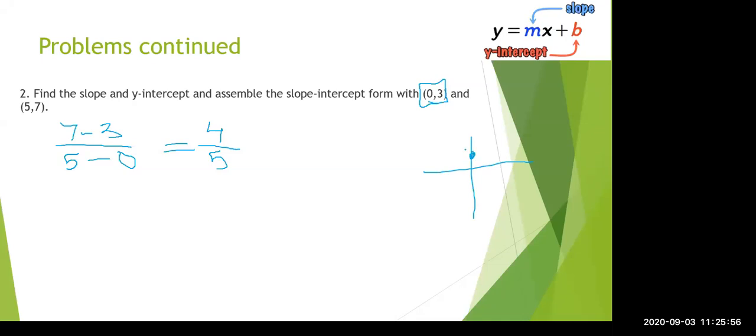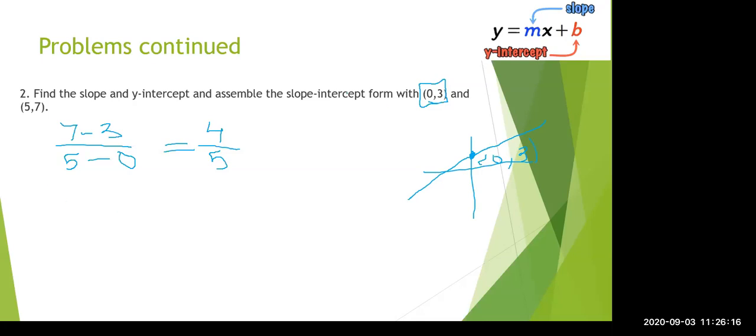It's only going to be on the y-axis. Since the line crosses the y-axis at 0, 3, we know the y-intercept is 3.